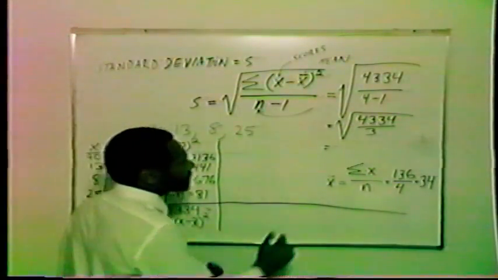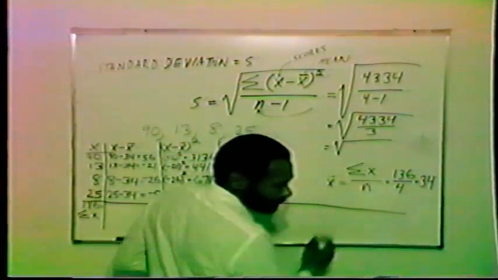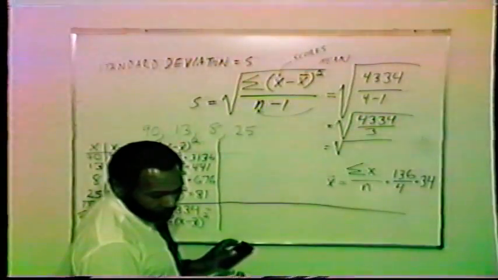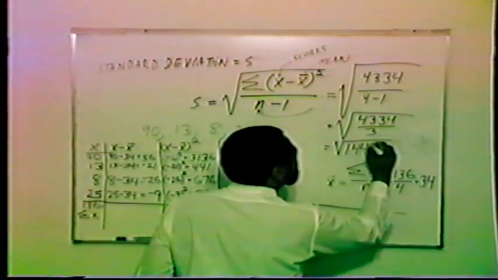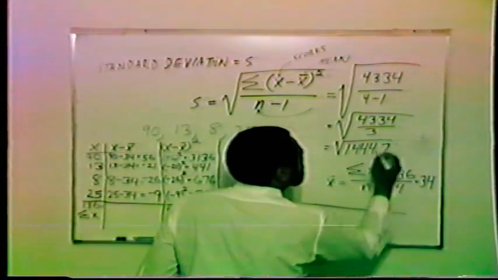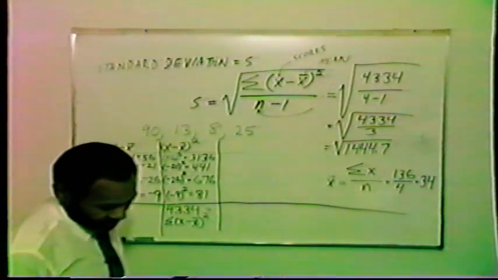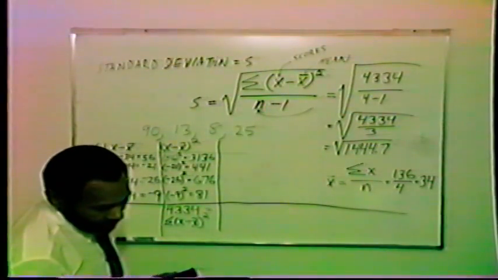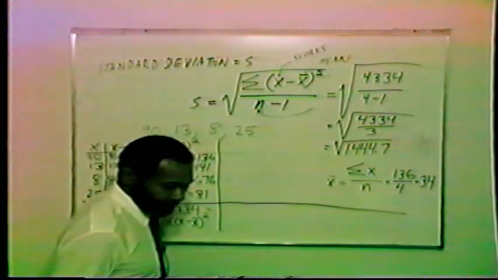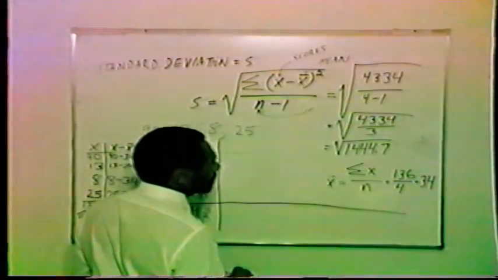And that gives us the square root of 1444.7, rounded off to the nearest tenth. That's what that would give us. And then, of course, we take the square root of that on our calculator.